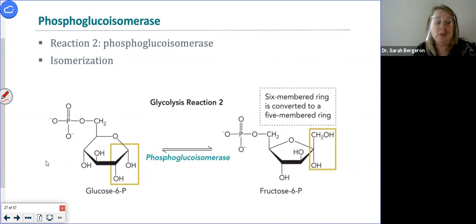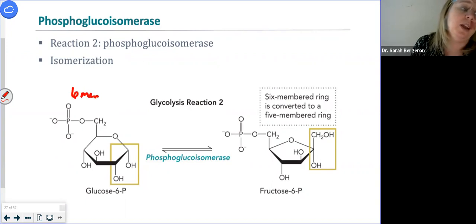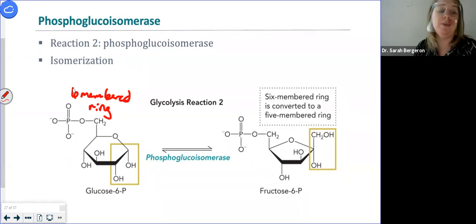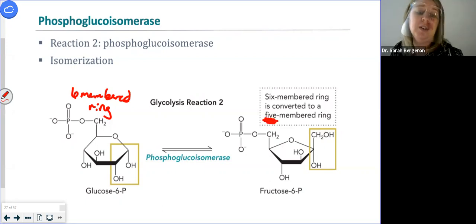So when we start out with glucose 6-phosphate, how many members are in the ring? We have a 6-membered ring, right? So now what happens when we go from glucose 6-phosphate to fructose 6-phosphate? Now we have a 5-membered ring.